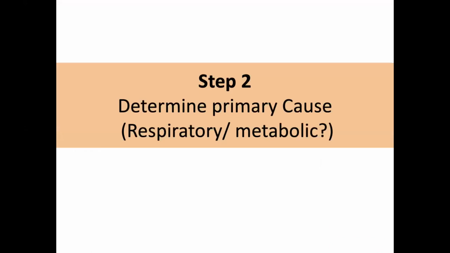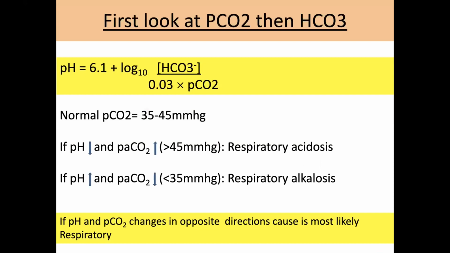Now, once we know what the pH of the patient is, we have to know what is the cause of that deranged pH. Is it PCO2 or is it bicarbonate? After pH, the first value that you will look upon is the PCO2. Only after that, we will take care of the bicarbonate. Why PCO2?